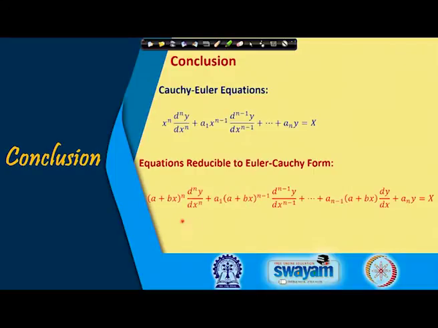The idea was simple: if we substitute a plus b x as a new variable, then this equation can be reduced to the Cauchy-Euler equation, and then one more substitution will lead to a linear differential equation with constant coefficients.